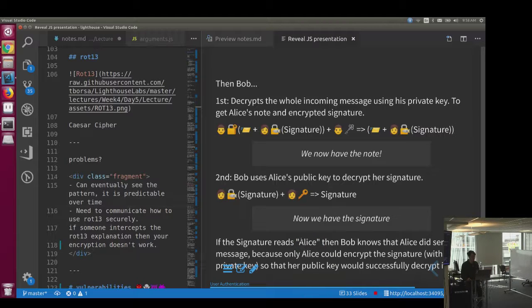And because of this, Alice's signature can literally be any string of text that she wants. Well, as long as it is readable. She could just say, hi there, I'm Alice, or like Toronto Raptors, or any word. As long as when I decrypt that signature, it's human readable, then I know the only way that it could be human readable is if Alice encrypted it with her private key.